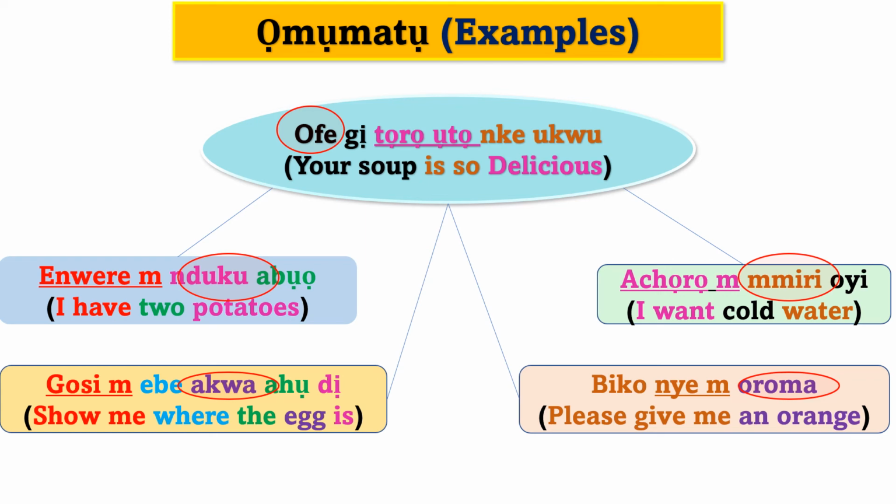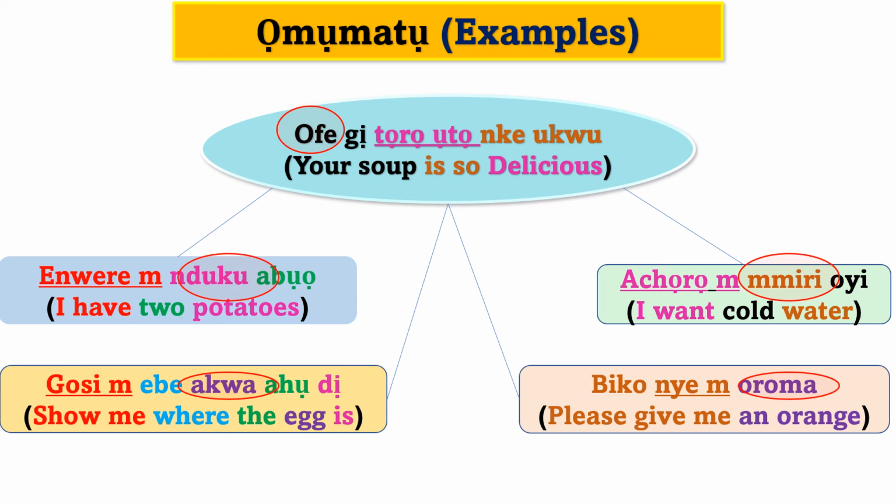And the next item we'll look at will be mmiri. Mmiri bụ water. So achọrọ mmiri oyi. I want cold water. So you can see achọrọ bụ I want. So achọrọ I want, mmiri water. Then oyi bụ cold. So you can see that this is similar to this other sentence.